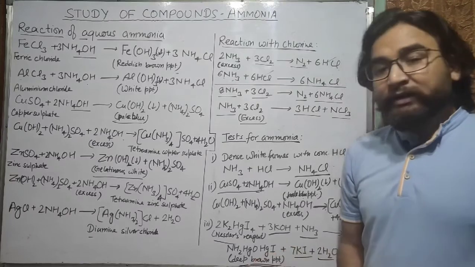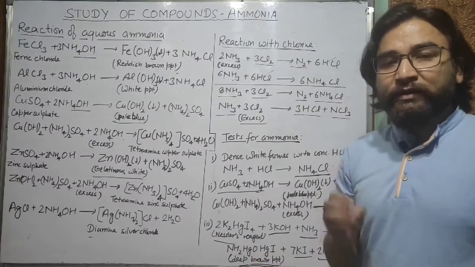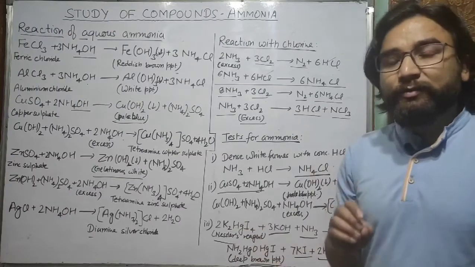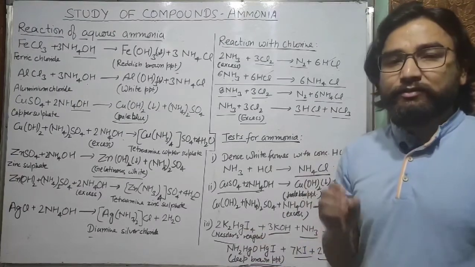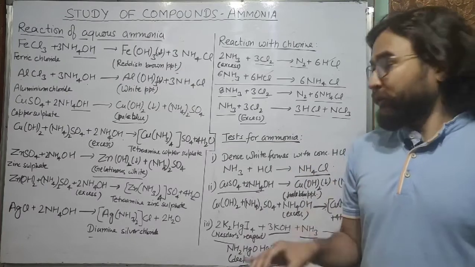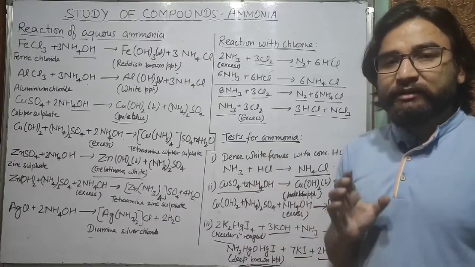So if Nessler's reagent reacts with ammonia and KOH, it will form a deep brown precipitate. You have to remember these reactions for detection of ammonia. So these are the tests for ammonia.